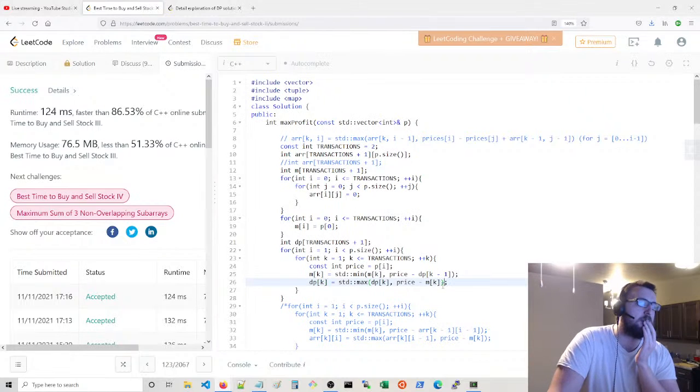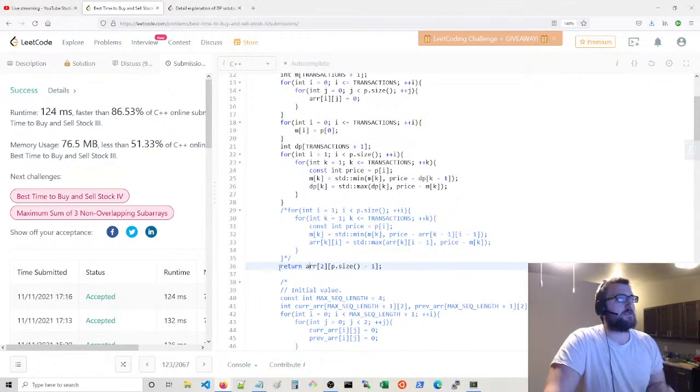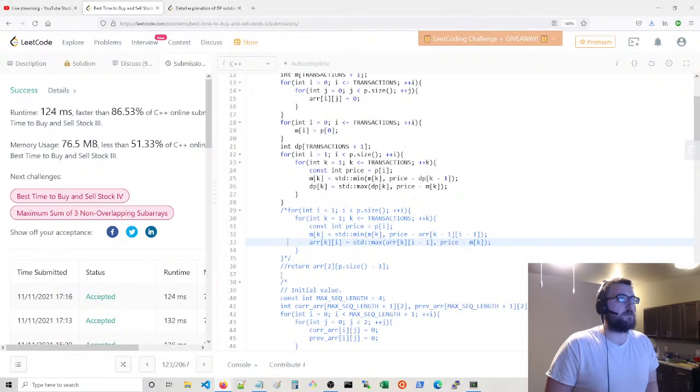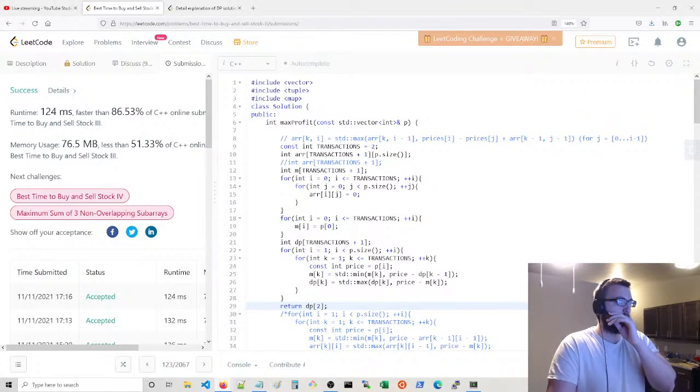Alright, just like that. It's m of k, and dp of the price. And then instead of returning this value, we're going to return just dp of 2. Excuse me, something like this.